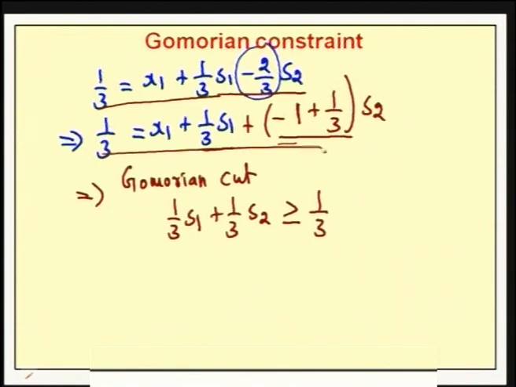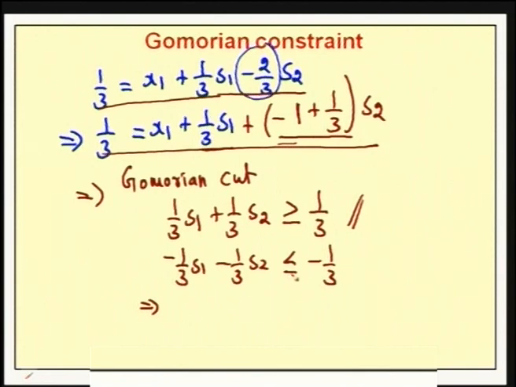From this, the Gomory cut is 1 by 3 s1 plus 1 by 3 s2 greater than or equal to 1 by 3. Now, by multiplying this inequality by a minus sign, we have minus 1 by 3 s1 minus 1 by 3 s2 less than or equal to minus 1 by 3.